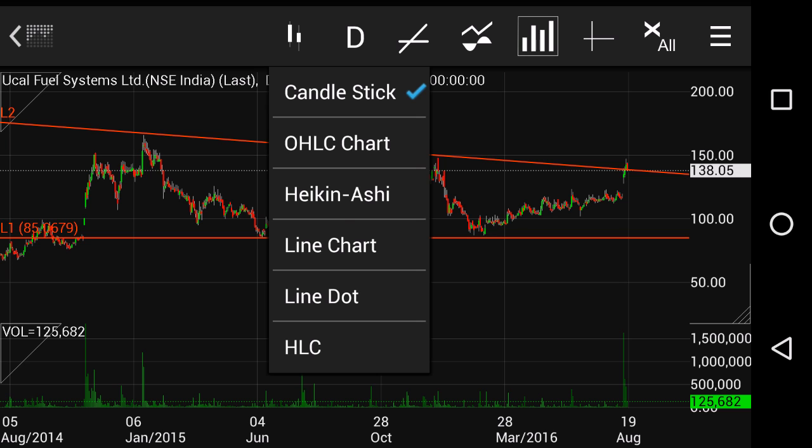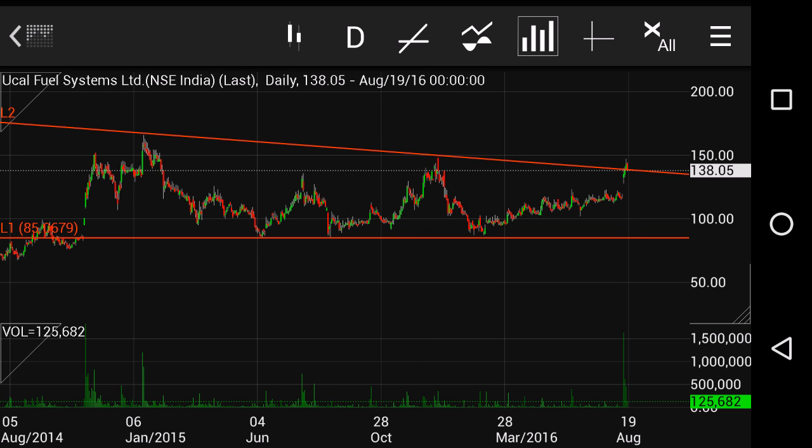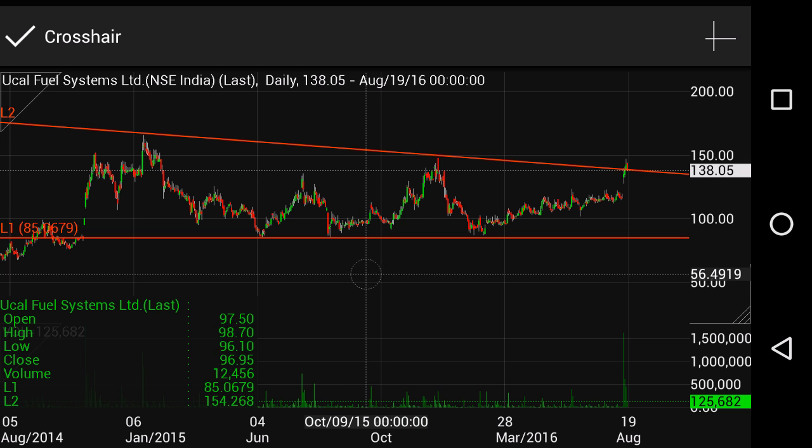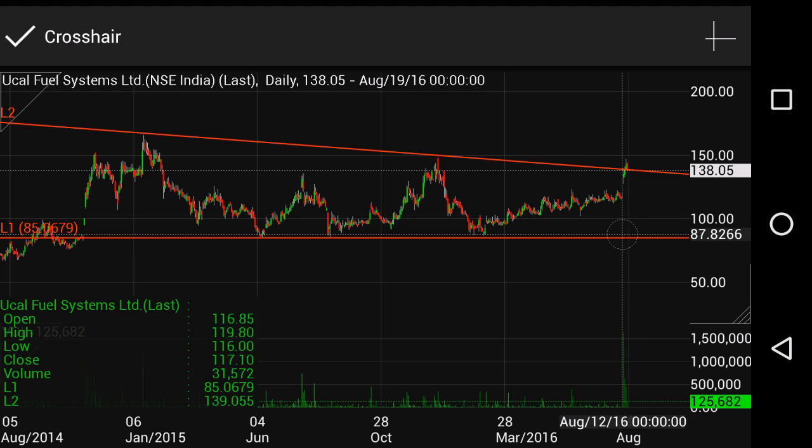If you look at the weekly chart, this pattern has a range of 85 to 155, so it possibly will give a move of 70 from the breakout point. The breakout point is at 140, and from 140 plus 70, the target comes around 210. It can do a lot more also, and maybe it can fail also.